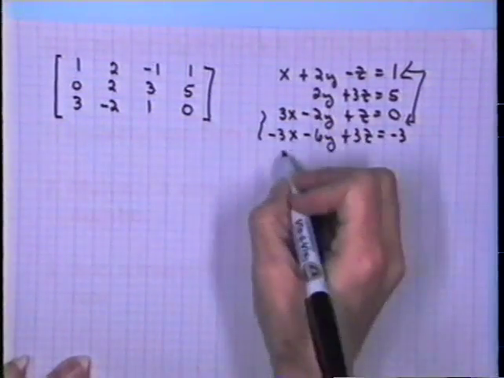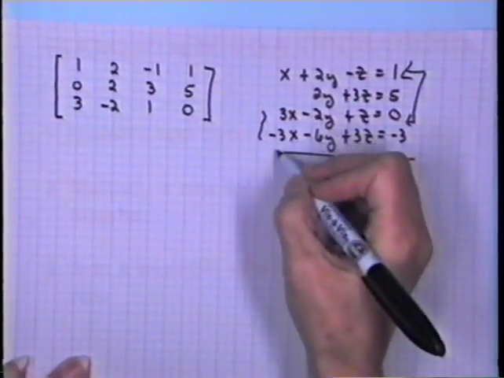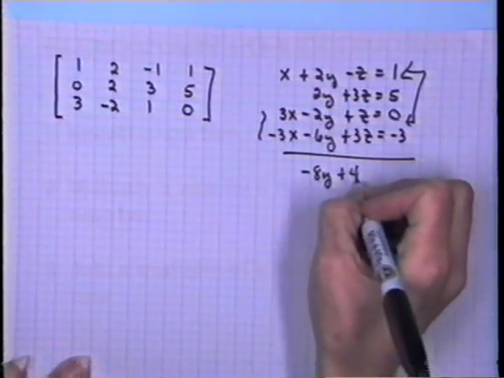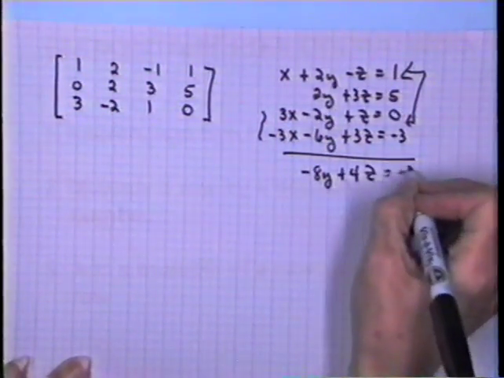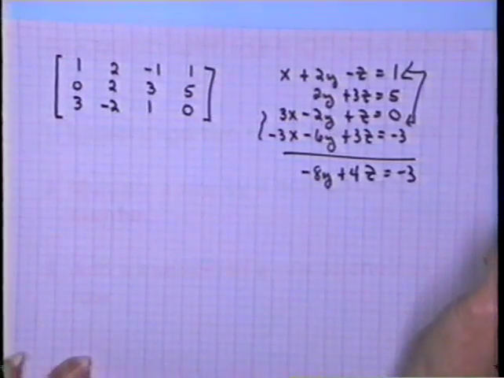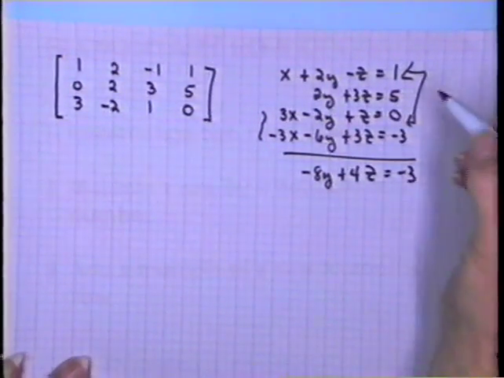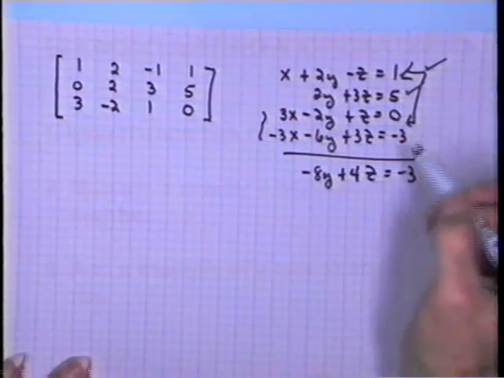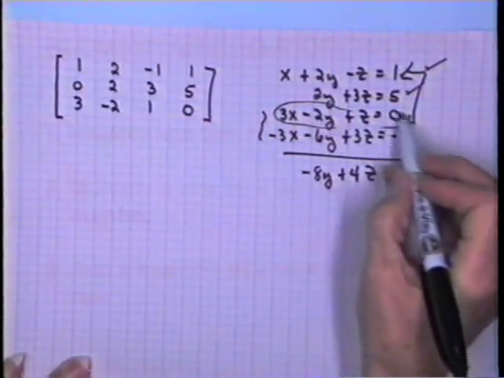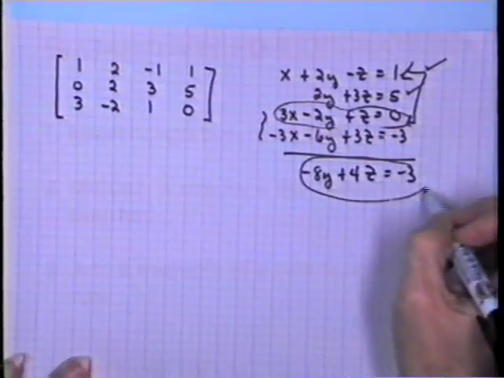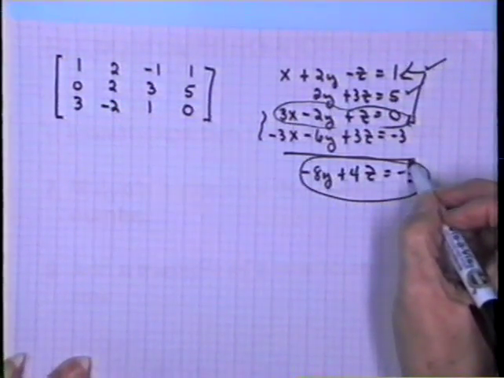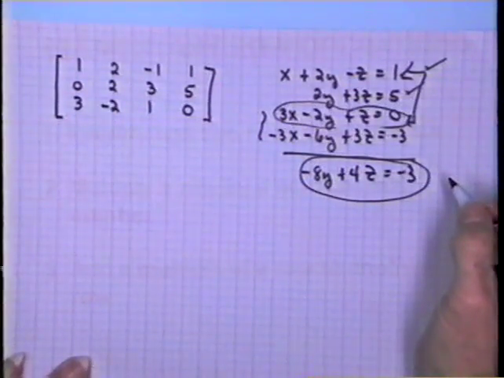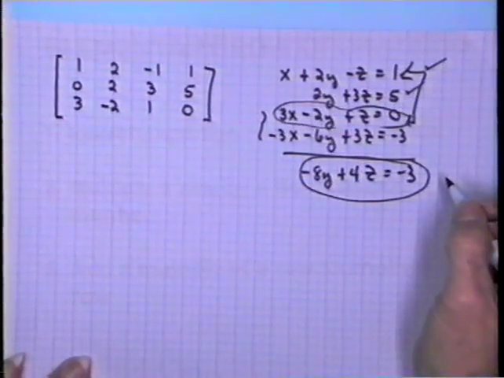Now, if I add these two equations, notice the x's are eliminated. I get -8y plus 4z equals -3. Now, I'm going to keep this equation and this equation, but I'm going to replace this third equation with this new equation that I've created here. And that's basically the same sort of thing that you do when you do the elimination method.